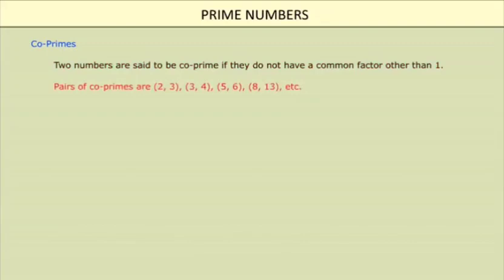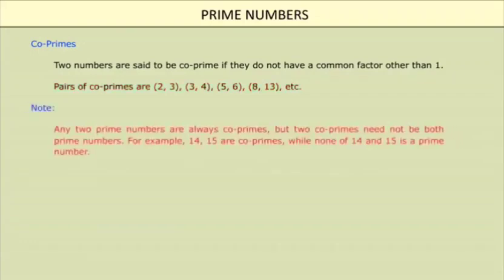Pairs of co-primes are 2 and 3, 3 and 4, 5 and 6, 8 and 30, etc. Note, any two prime numbers are always co-primes, but two co-primes need not both be prime numbers. For example, 14 and 15 are co-prime, while neither 14 nor 15 is a prime number.